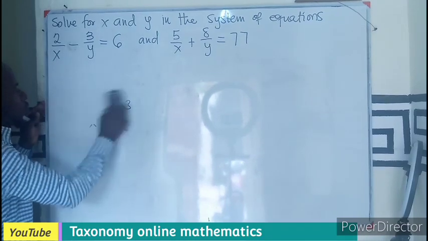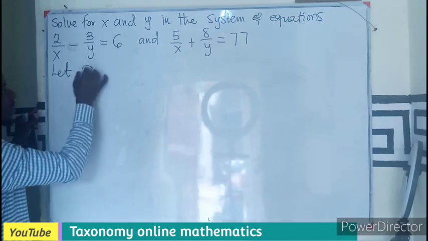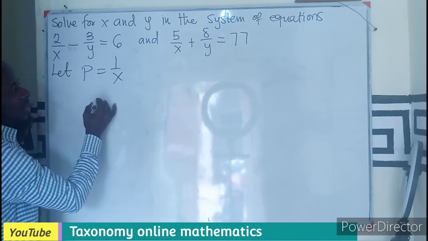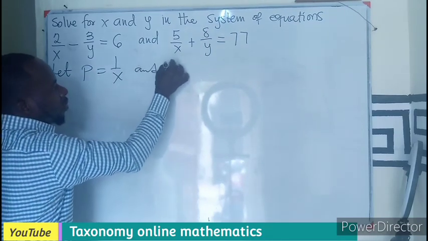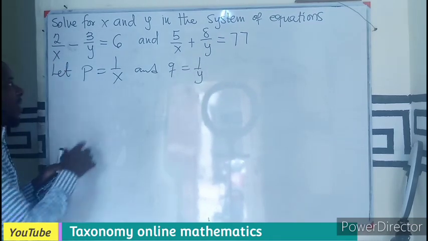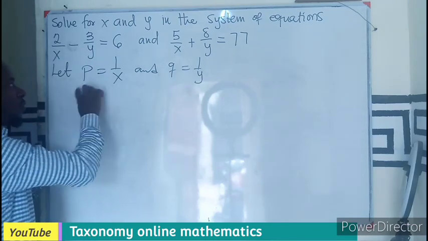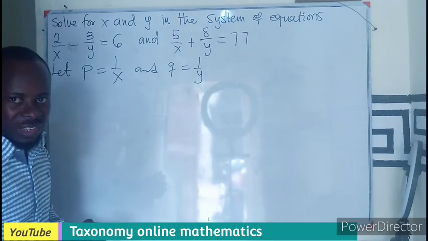So what I'm going to do is let p equal 1 over x, and q equal 1 over y, so that whenever I see 1 over x and 1 over y, I'll replace with p and q respectively.